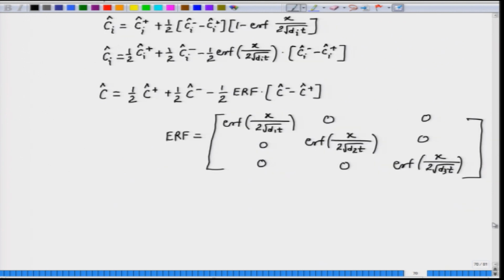Now, to get back to the original basis, what do we need to do? We defined the cap basis as P inverse times C equal to C cap. So, if we pre-multiply by P, we get back the original matrix.